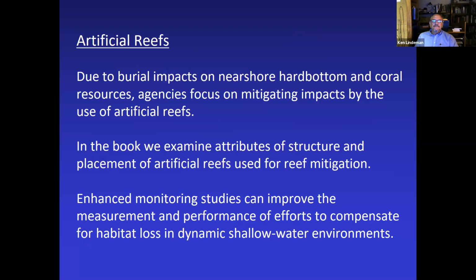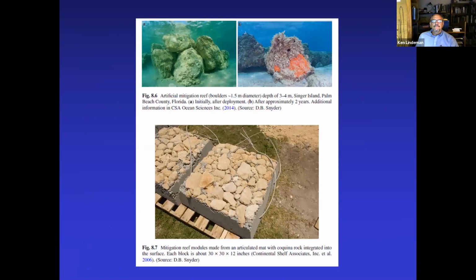One of the ways of managing this array of challenges involves using artificial reefs as mitigation for the impacts. In the book, we examine attributes of structure and placement of artificial reefs for mitigation. We don't have time to unpack that here. Definitely enhanced monitoring studies can improve the measurement and performance of our efforts to compensate for habitat loss in these systems.